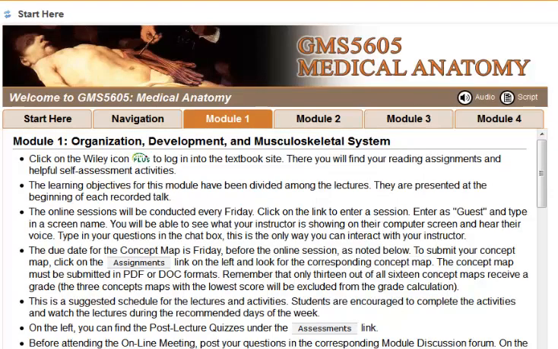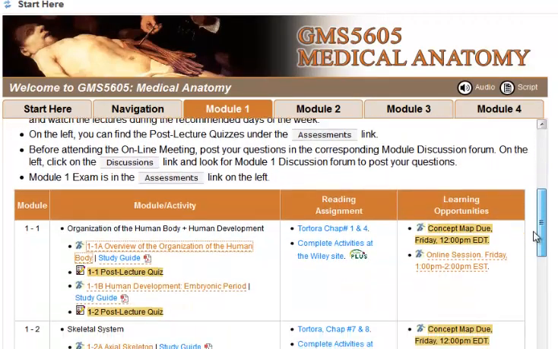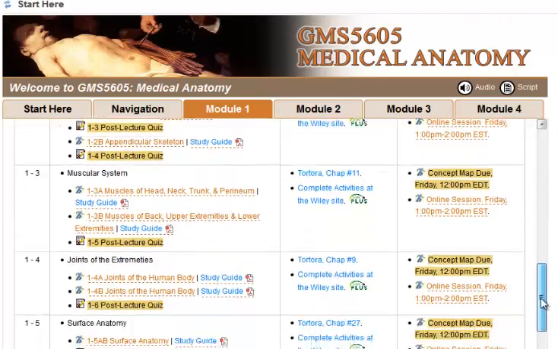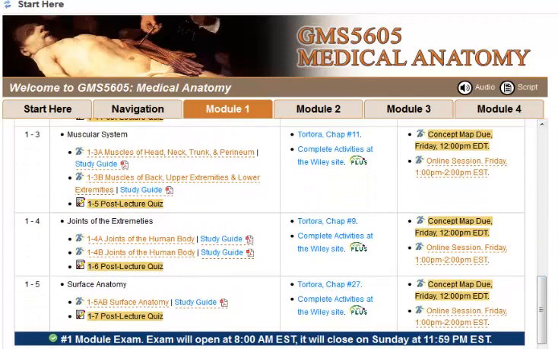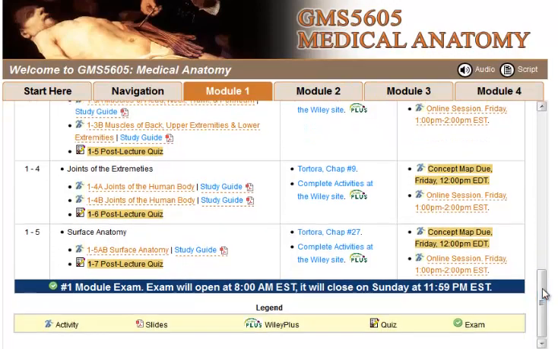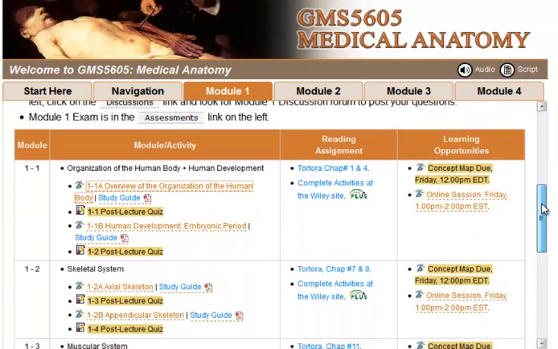And in this case, the big difference is the way the modules are presented, because we try to follow the same pattern as the one on the previous course, and this course had another activity called mind maps or concept maps.